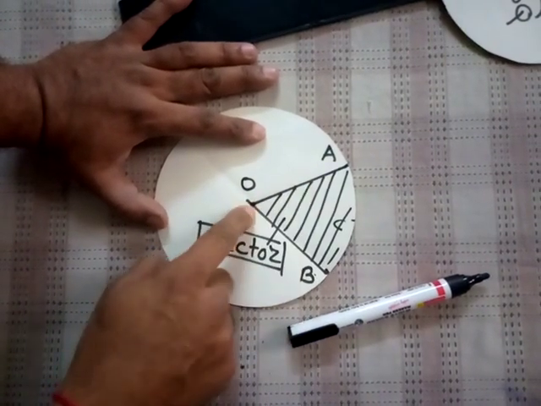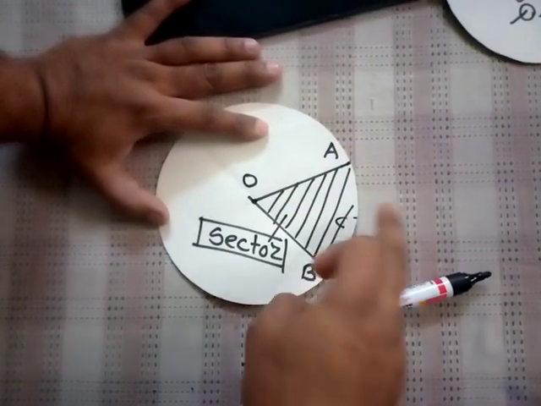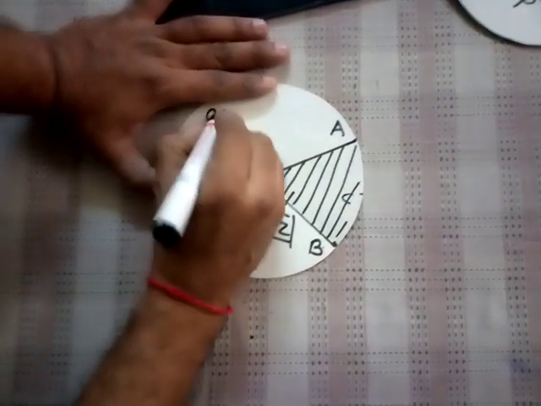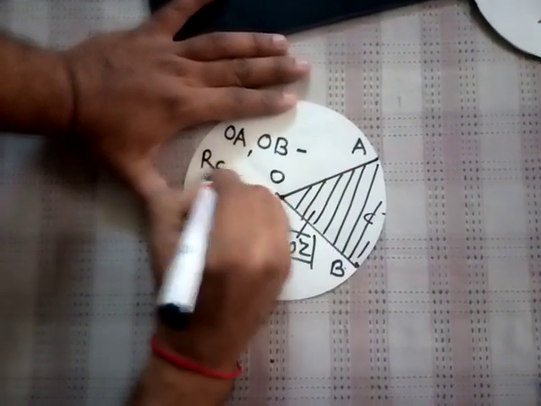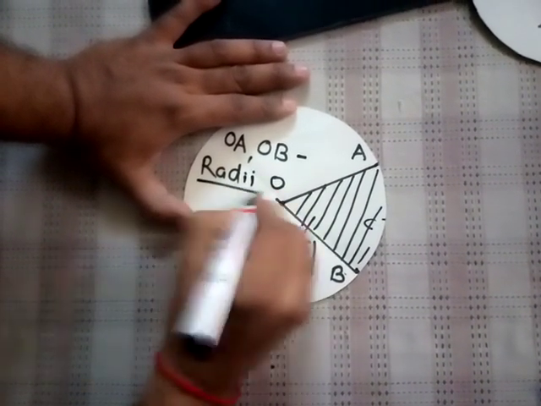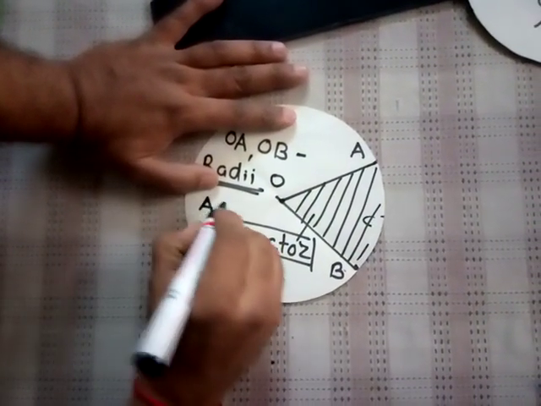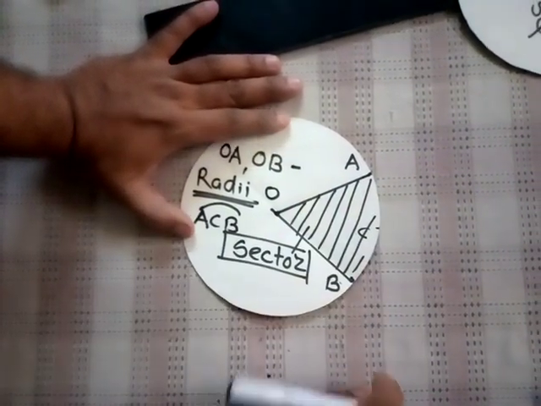So OA and OB are radii, and ACB is an arc. I am saying that they are radii, which is the plural for radius, and ACB is an arc. So this part which is bounded is known as a sector.